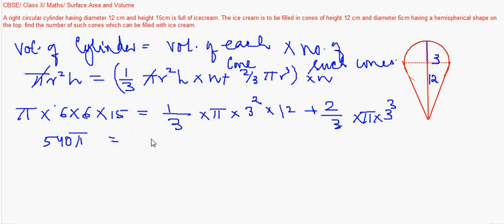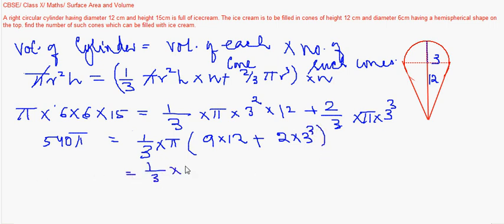Let's take 1 by 3 pi common out. That will leave us with 9 into 12 plus 2 into 3 cube. So this is 1 by 3 pi. It is 108. It is 27 into 2, that's 54, plus 108 or so.